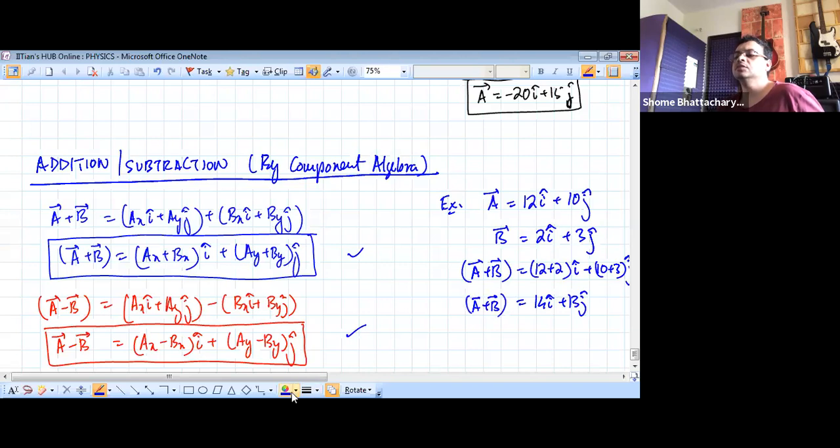But similarly, for the same pair now, A minus B will become 12 minus 2, and 10 minus 3. So 10 i cap plus 7 j cap. That's correct.